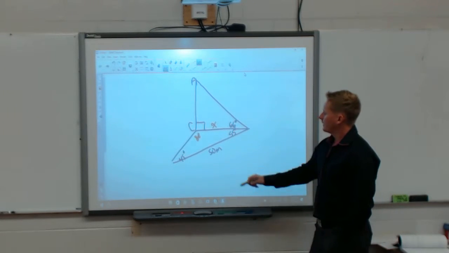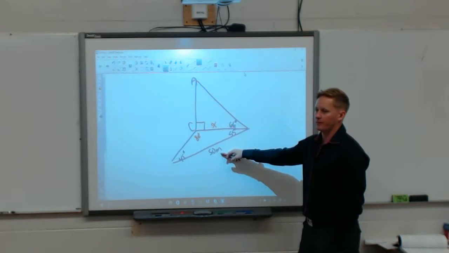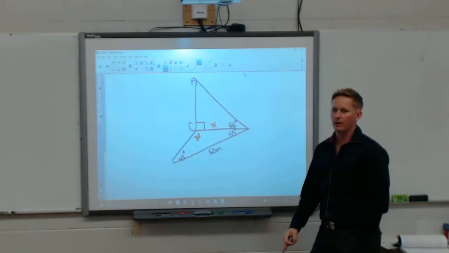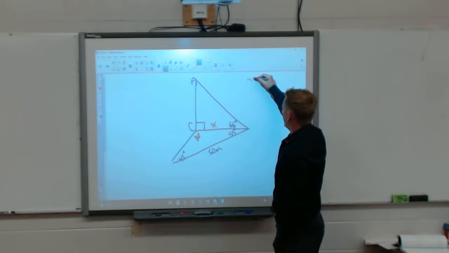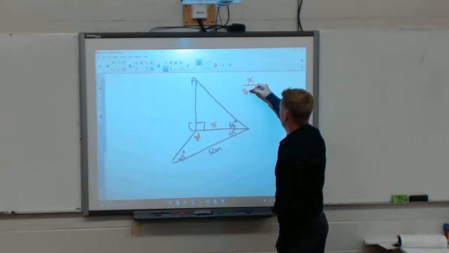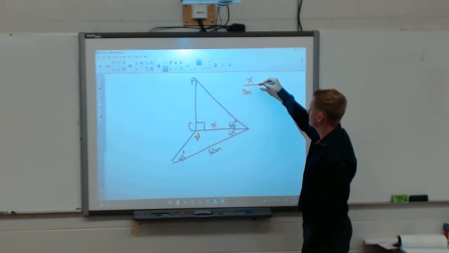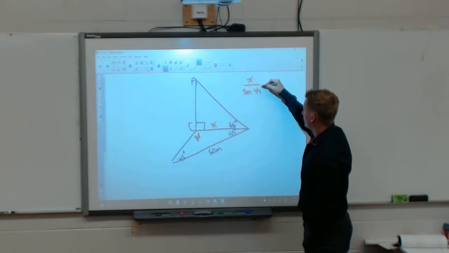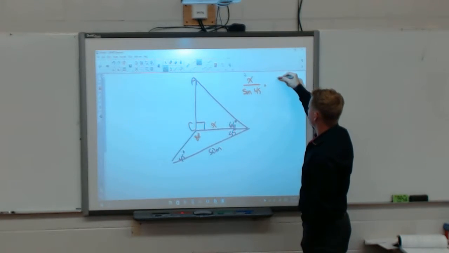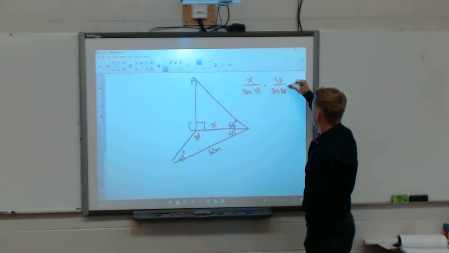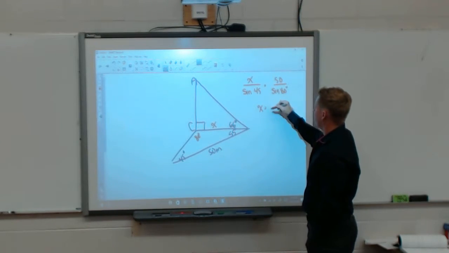Now that I have an angle with a side across from it, I can find anything else I need to know. So I go x over the sine of the angle across from x. So what's the angle across from x? 45. x over sine 45 is equal to 50 over sine 80. Okay, so let's find out what x is then.